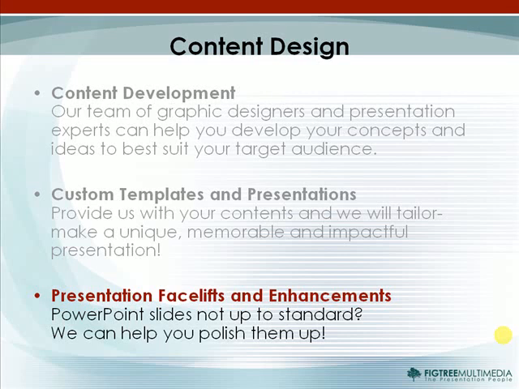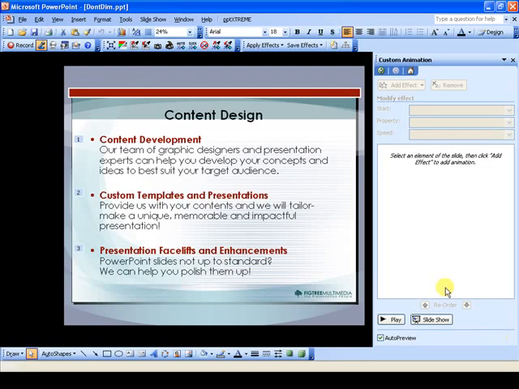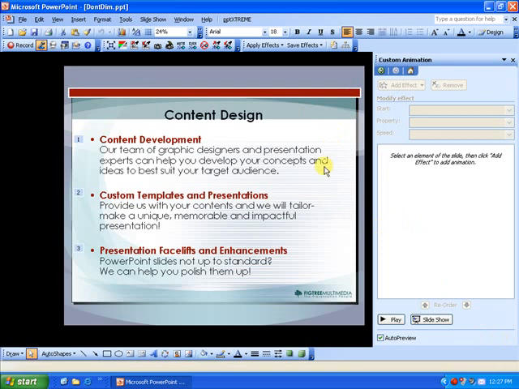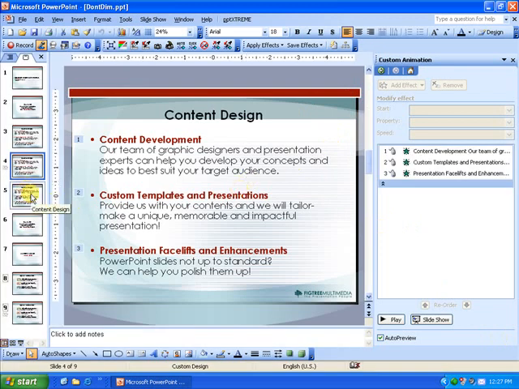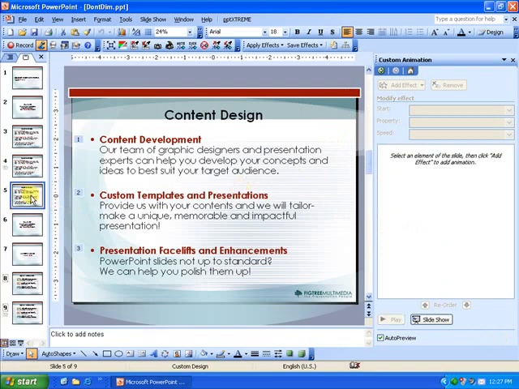Alright, so we're going to jump in, and I'm going to show you how you can create this wonderful effect. I'm going to escape out from this slideshow, and here we go. Alright, now we're going to a duplicate that I've done. Step number 1 is you want to make sure you have your custom animation task pane on your right.